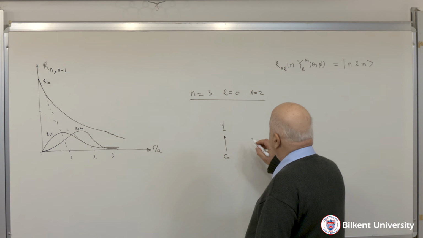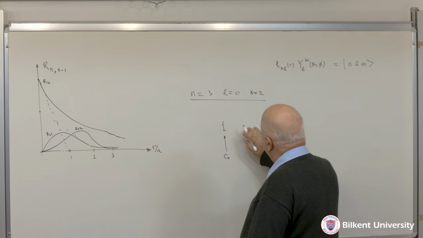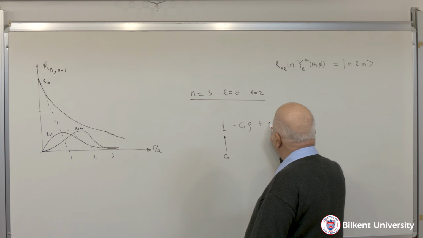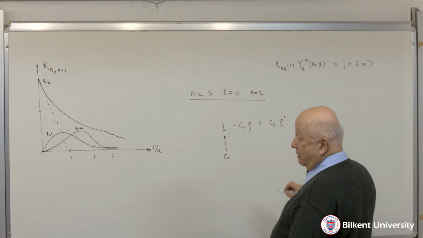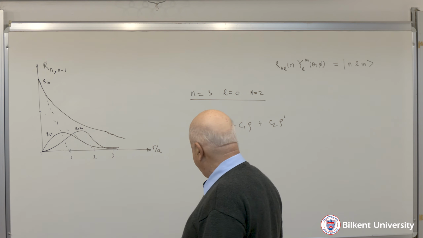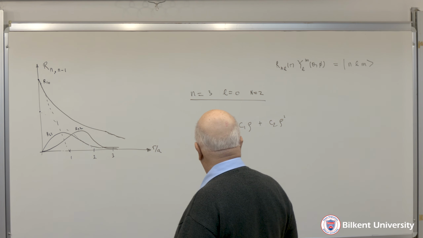I know that I'm going to get a C1, so I'll get a minus C1 rho plus C2 rho squared, and that's it, right?